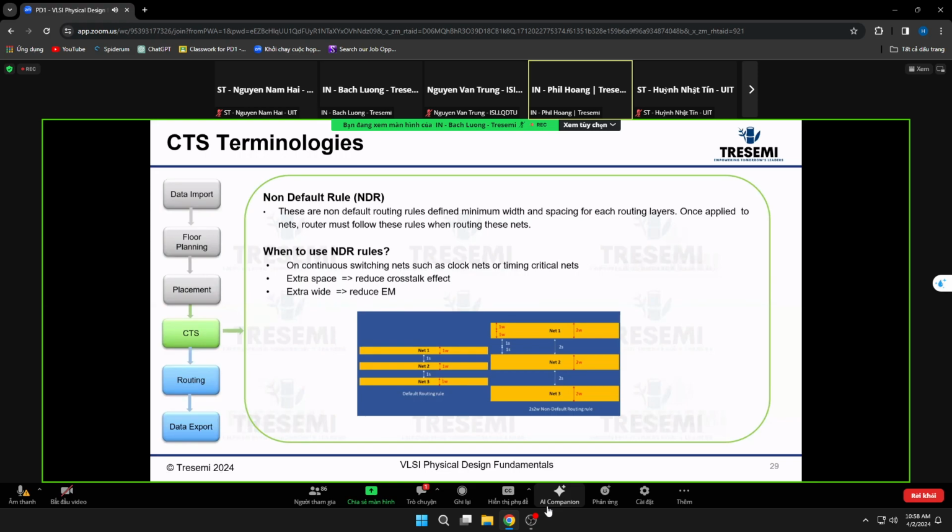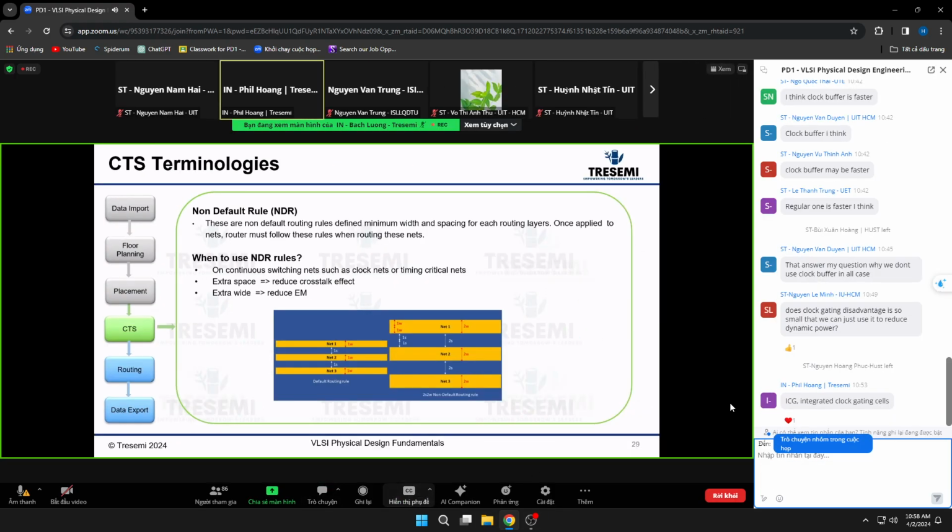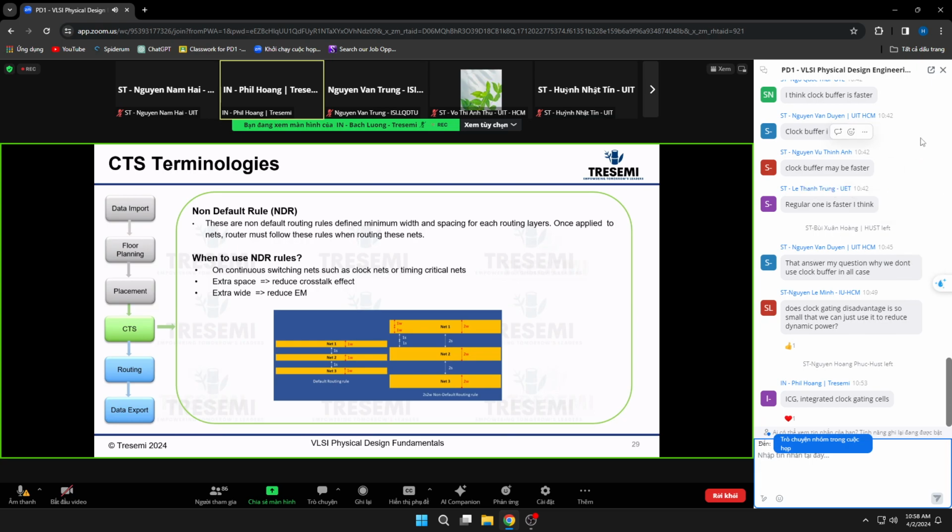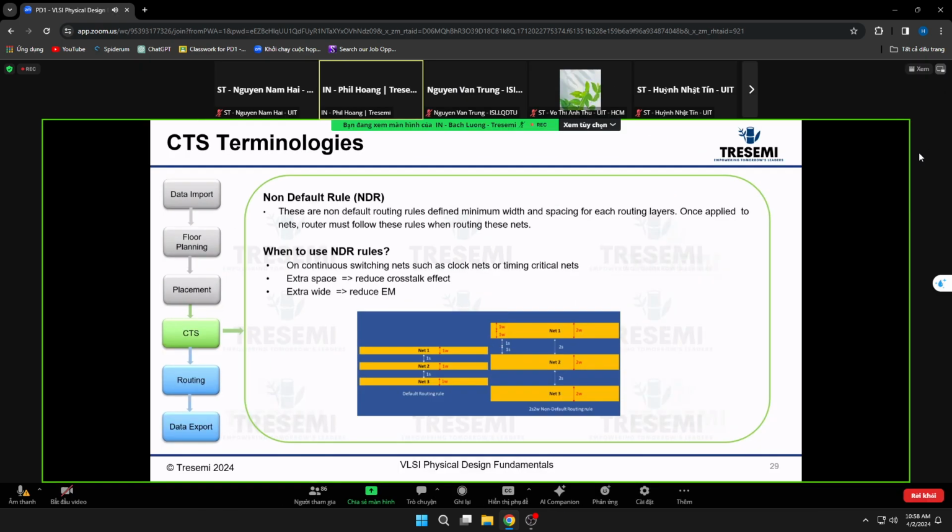Do you know the disadvantages of using double width? Can someone guess?